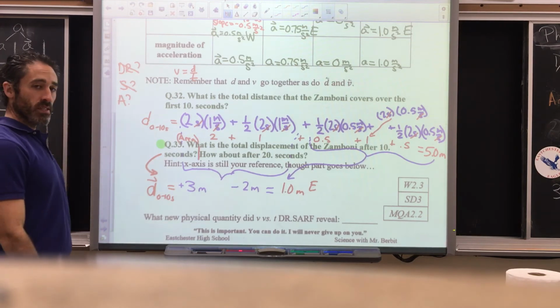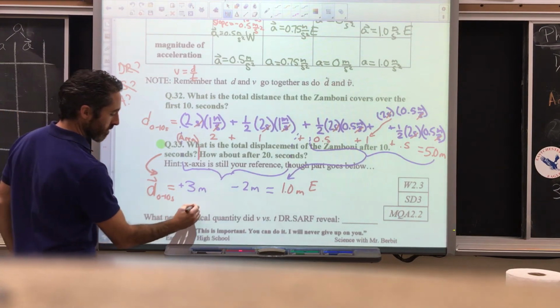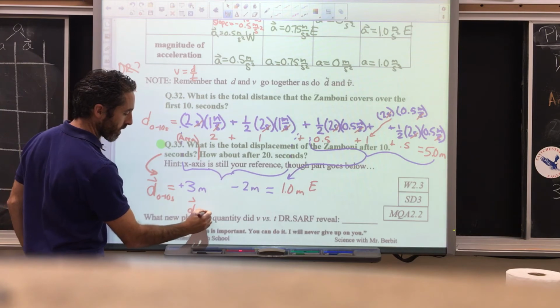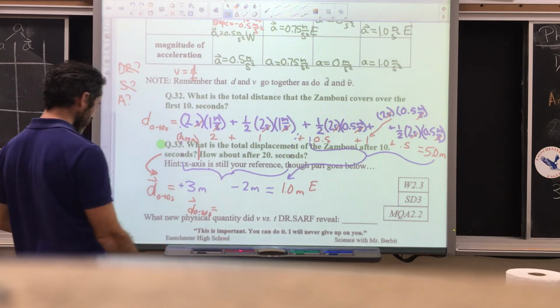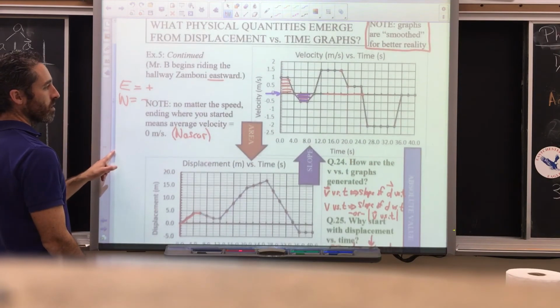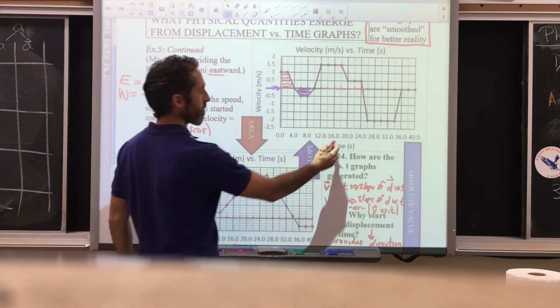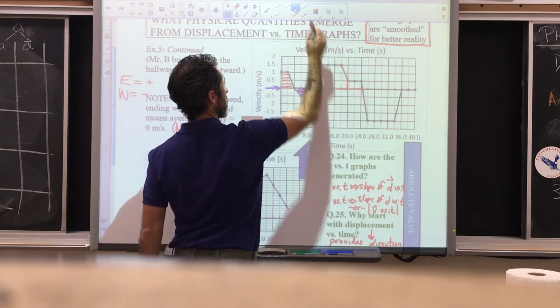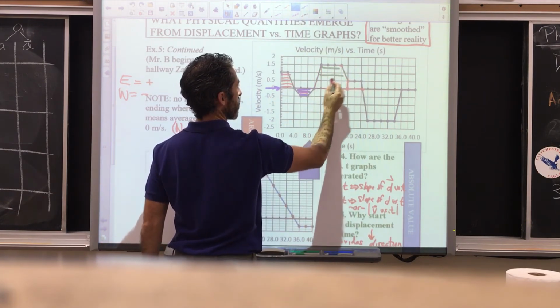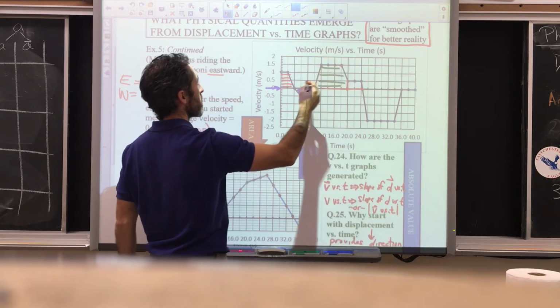What about after 20 seconds? Well, the displacement from 0 to 20 is, we already know 0 to 10 is 1 meter east. And then 20 ends right here. So we also have to get this big chunk of area. Is it annoying?